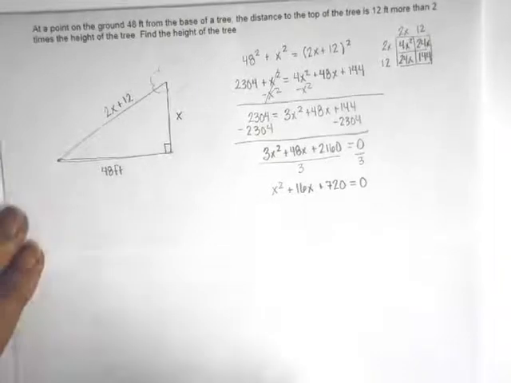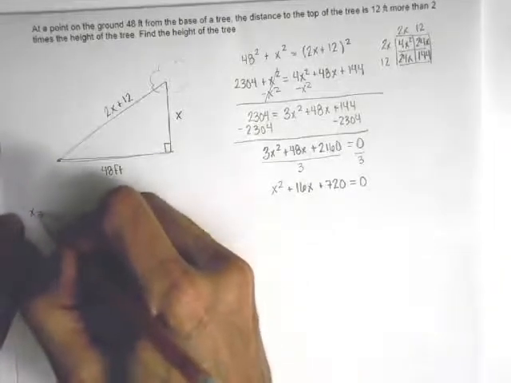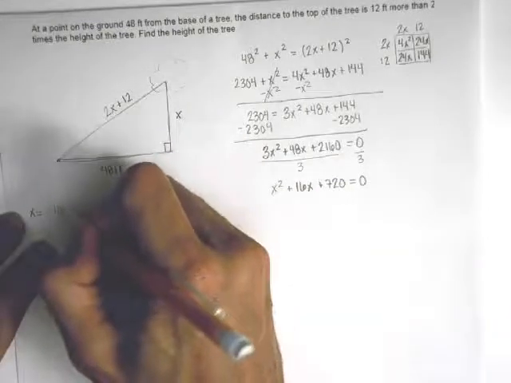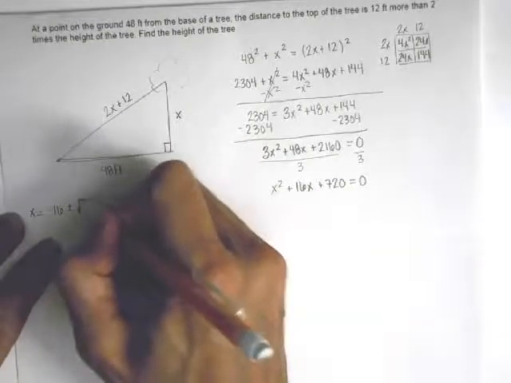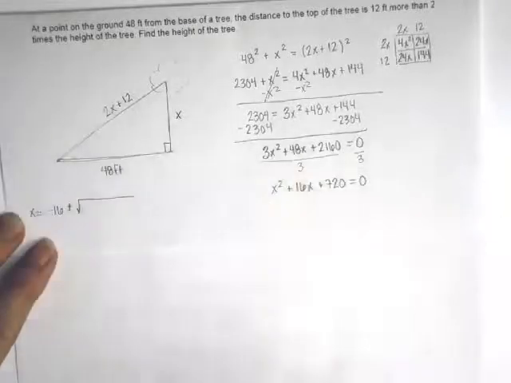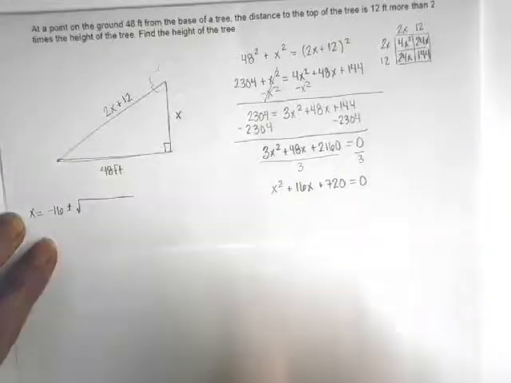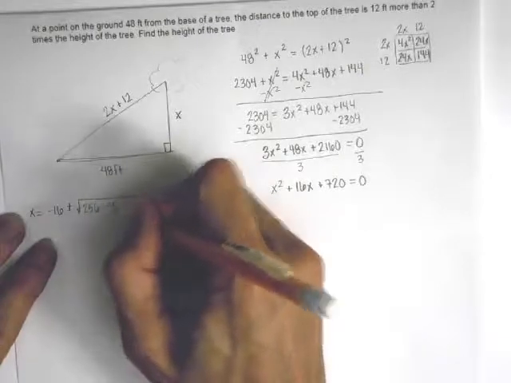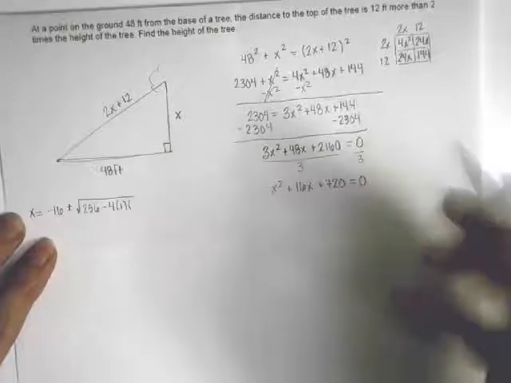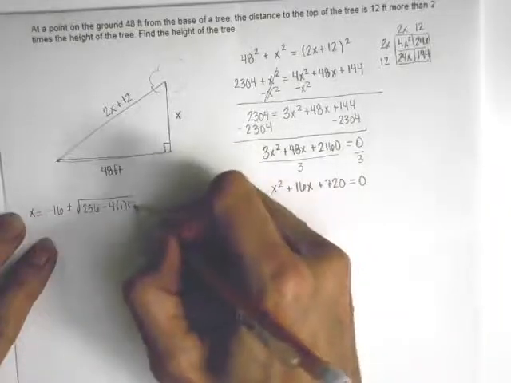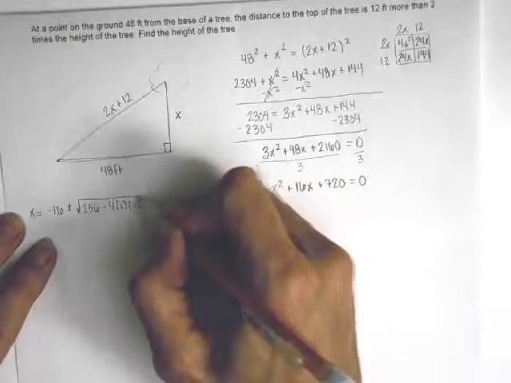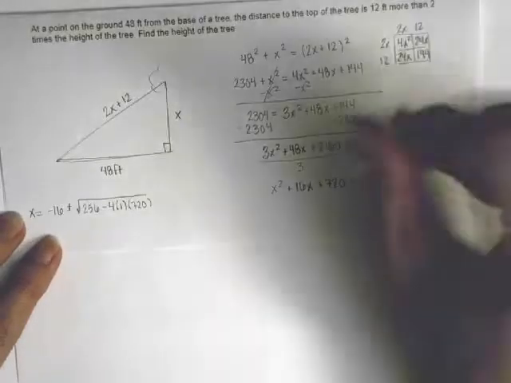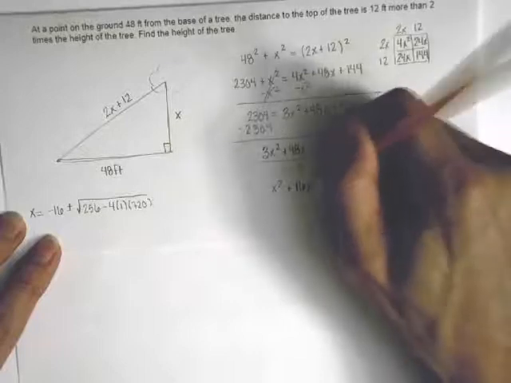So again, I know that x is equal to the opposite of b, so that's negative 16, plus or minus the square root of 16 squared, which is 256, minus 4 times 1 times 720. Sorry, this should be a negative number right here, otherwise we're going to have some trouble.